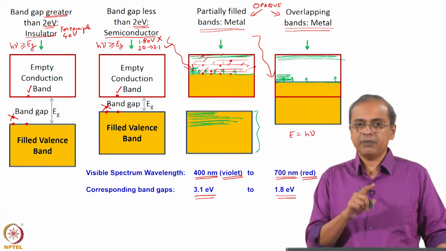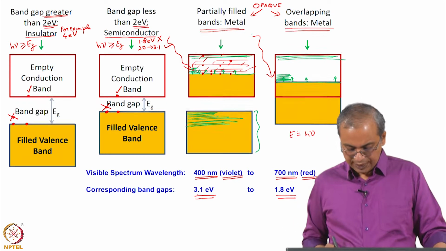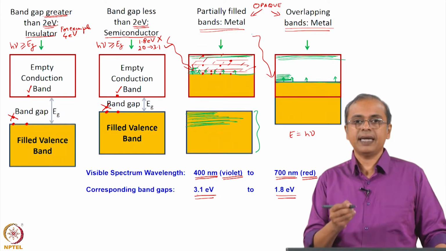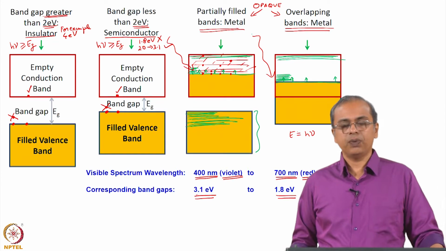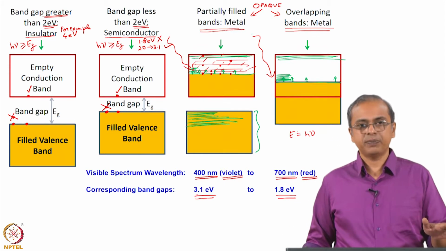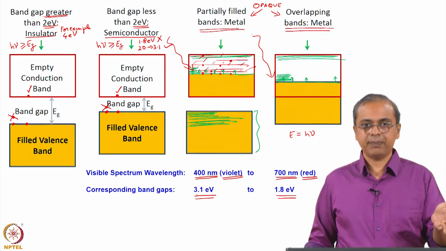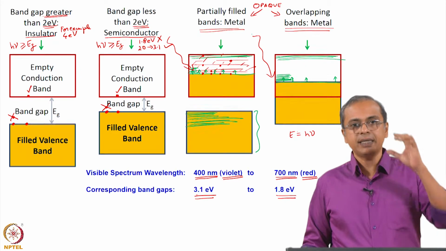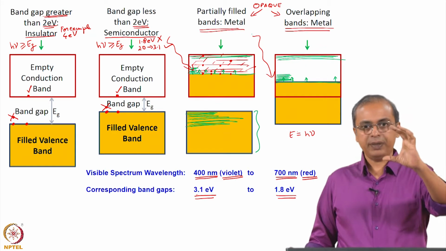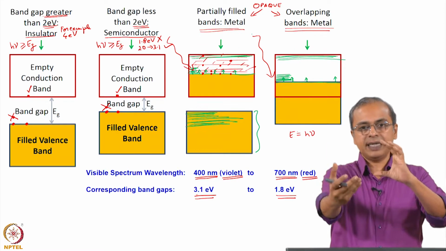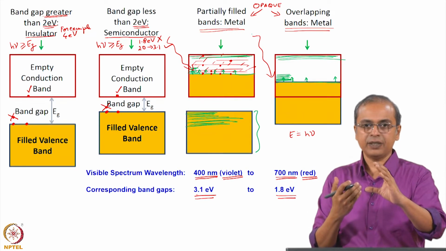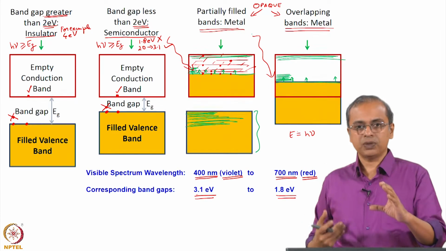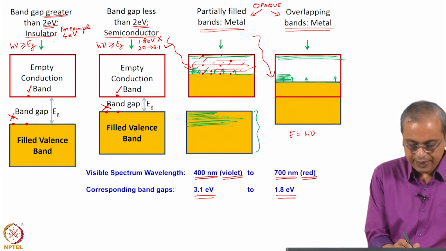If you look at the visible spectrum's interaction with it, the entire visible spectrum from 3.1 electron volts to 1.8 electron volts will not interact with this sample. If you keep it in front of you with light shining from the other side, all of the visible light will go through.